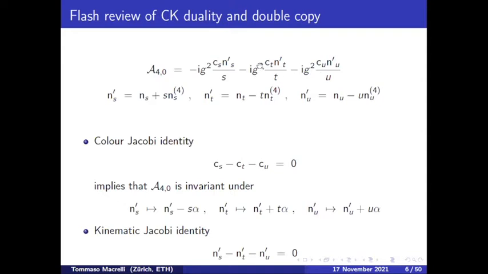Now, looking at this formula, we have that the color factors satisfy the standard Jacobi identity. And indeed, this fact implies that the four-point tree-level scattering amplitude is invariant under the following shift, the following transformation for kinematic factors. So this is what we will call in the following a generalized gauge transformation.